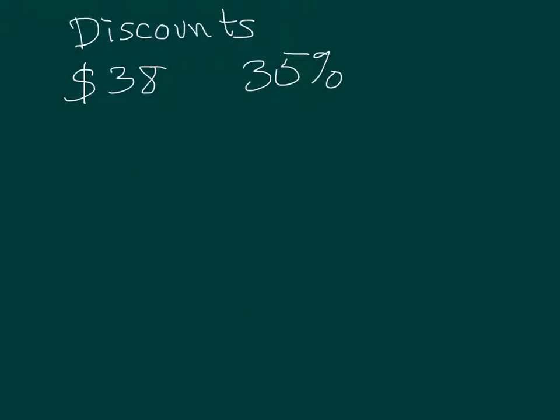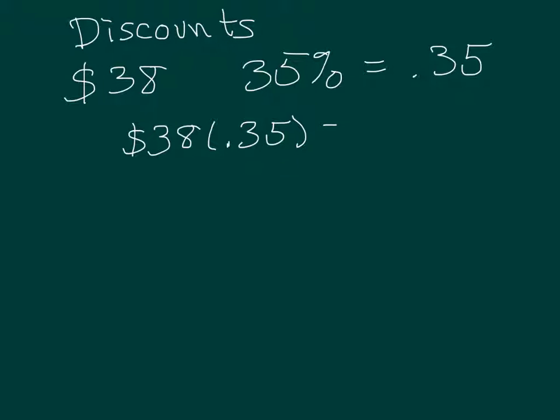So we would basically do this the same way. First of all, convert our 35% to a decimal, 0.35. So we would have $38 times 0.35. That would come out to $13.30. Okay, so that's our discount.